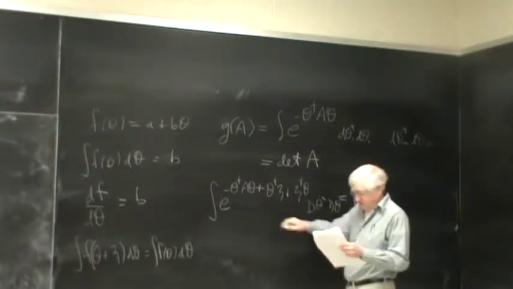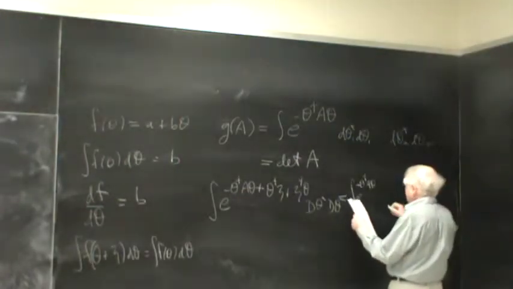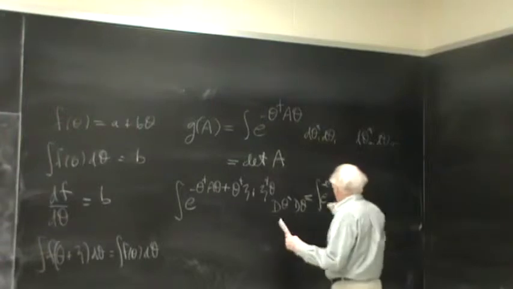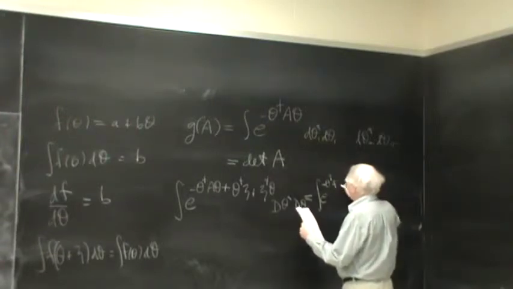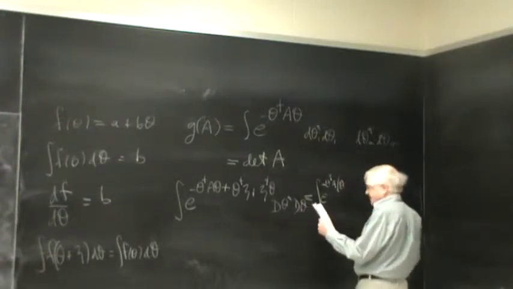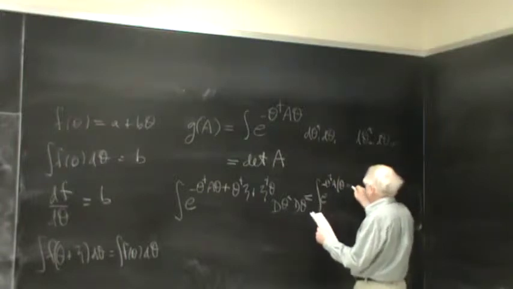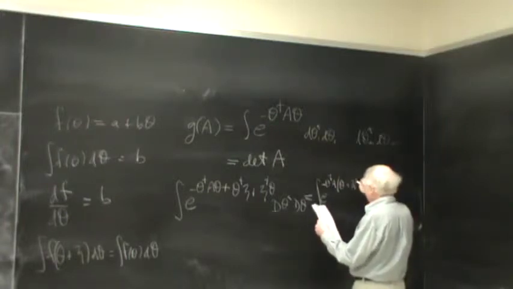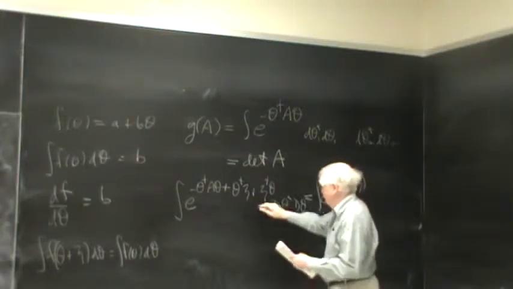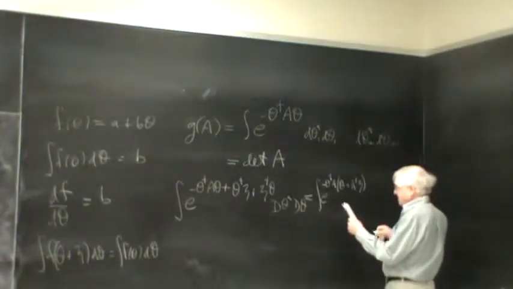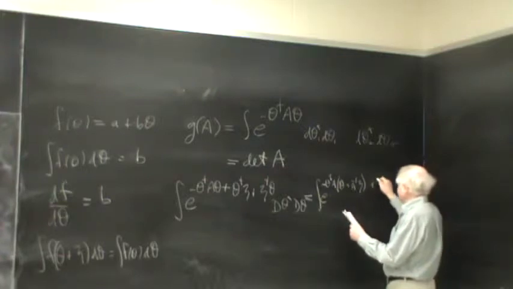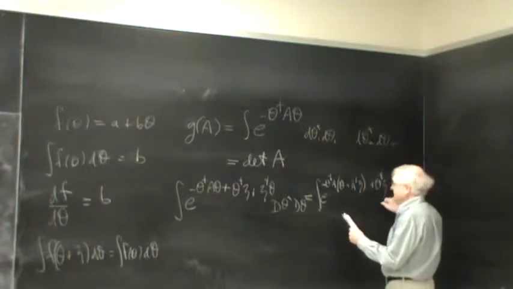Theta is an n vector, a Grassmann variable. And what I'm going to write here is not theta, but rather theta displaced by A inverse zeta.